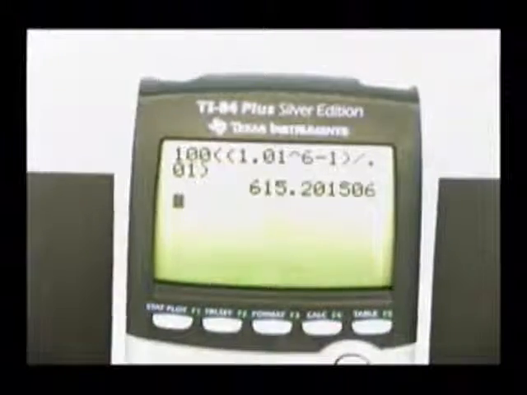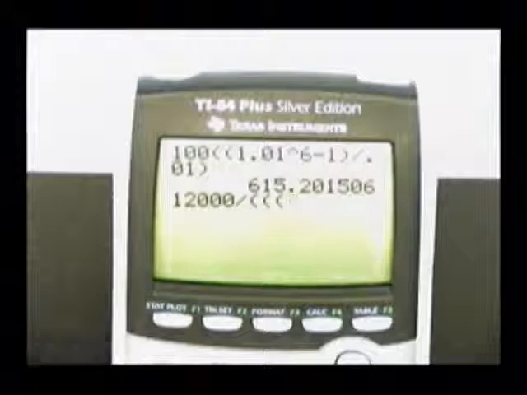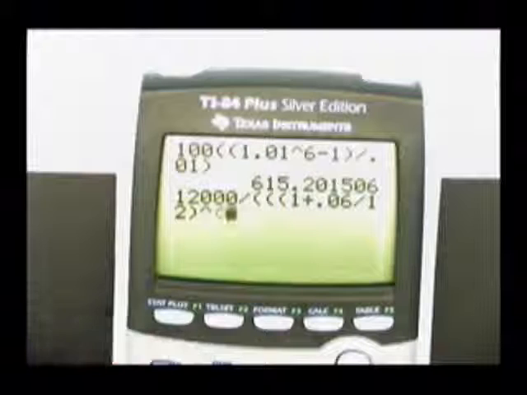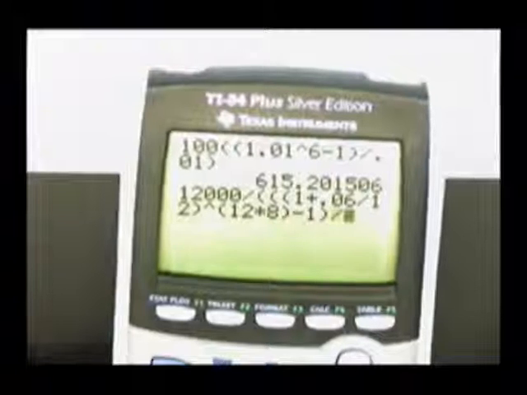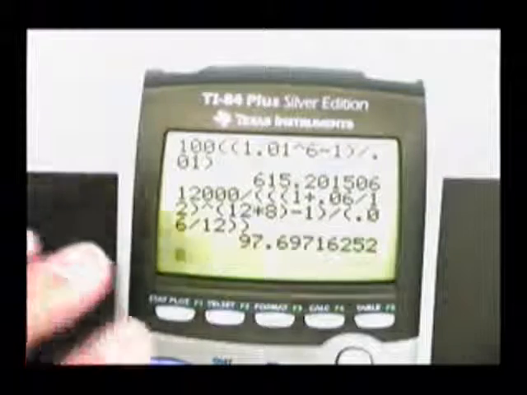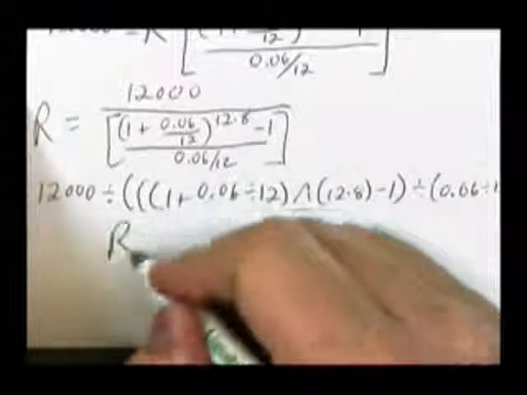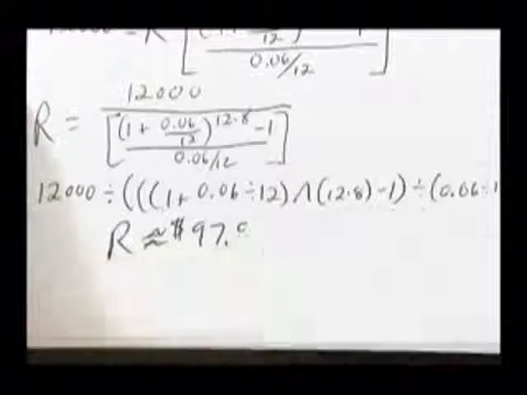I'd have 12,000 divided by parentheses, 1 plus 0.06 divided by 12, close parenthesis, raised to the parenthesis 12 times 8, close parenthesis, minus 1, close parenthesis, divided by parenthesis 0.06 divided by 12, close parenthesis, and I should be paying $97, and we'll round off to 70 cents. So my payment is about $97.70.